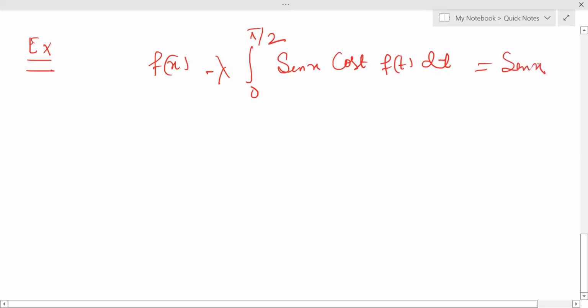This is our problem, and we evaluate the function. Verify it.